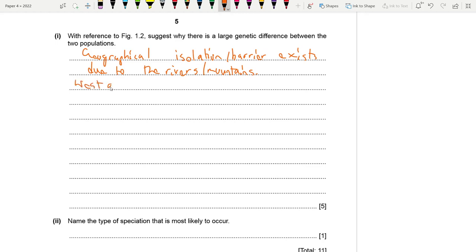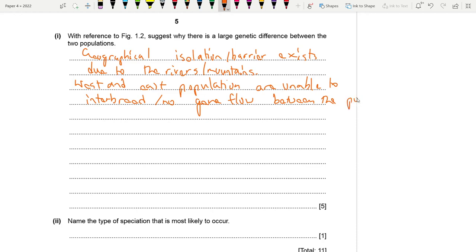So you could say that the west and east population are unable to interbreed, or you could say that there is no gene flow between the populations, okay.